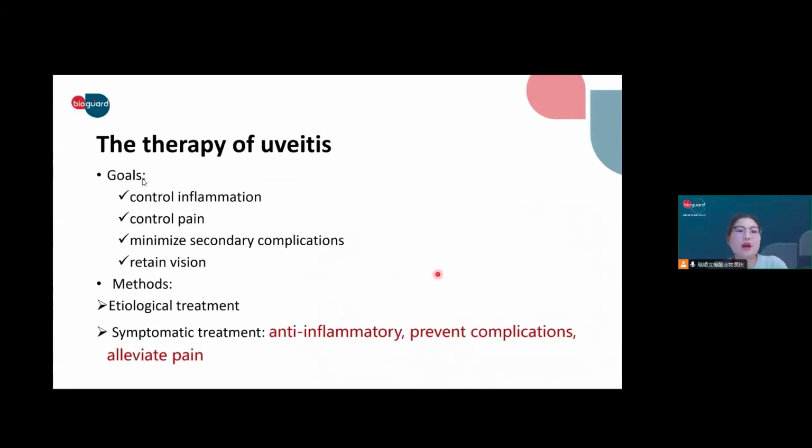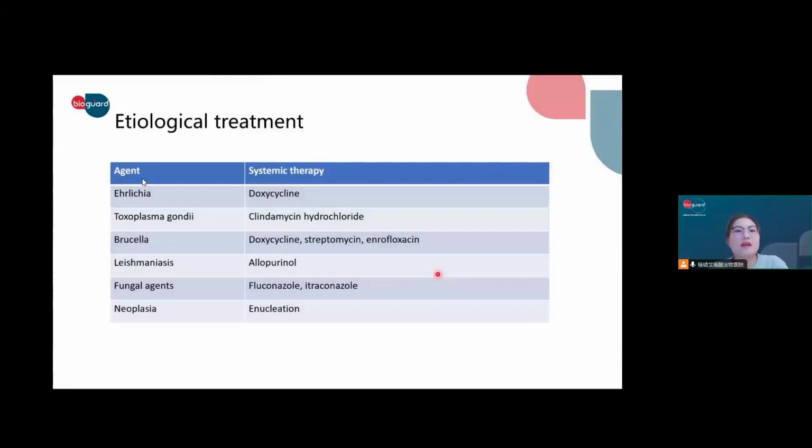How to do that? Methods include etiological treatment and symptomatic treatment. As for the etiological treatment, this table shows the pathogen and its corresponding therapeutic drugs.